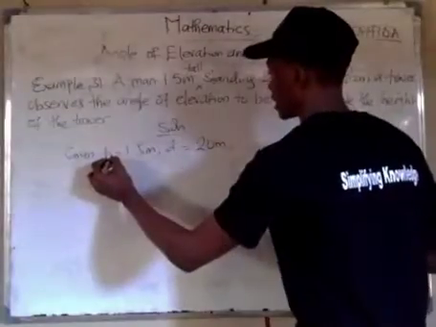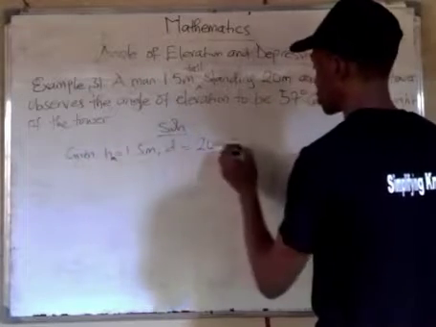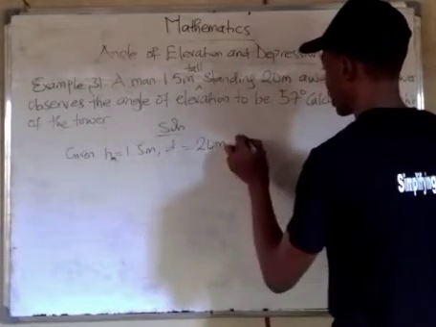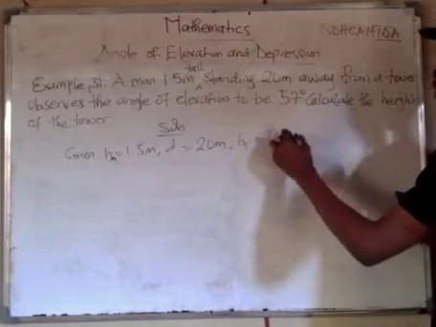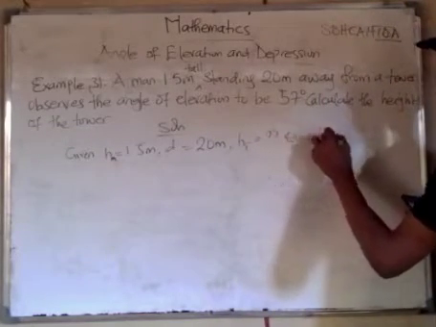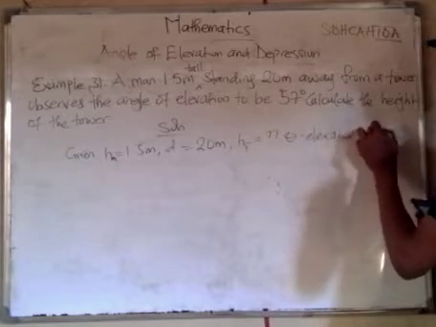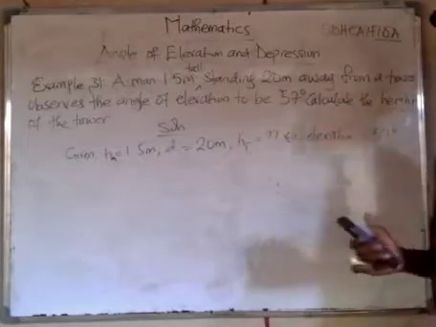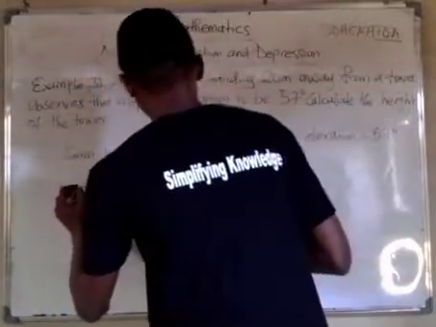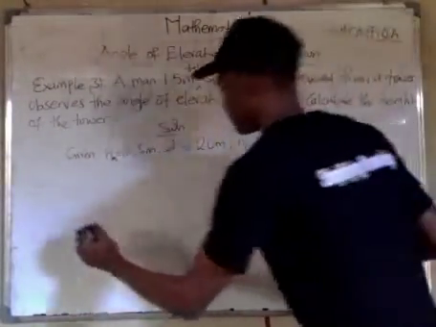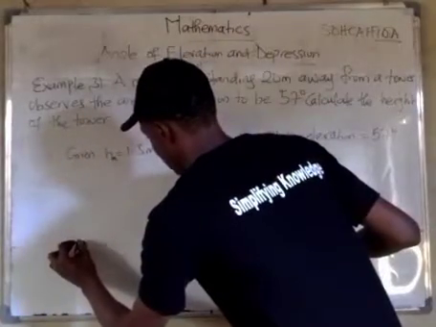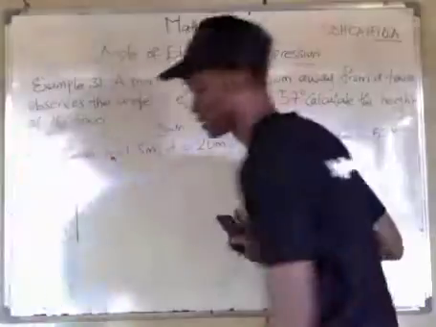Let's call the height of the man H subscript M, and the height of the tower H subscript T. They also gave us the angle of elevation to be what? 57 degrees. So let's make a small sketch. Let's assume that this is the height of the man, right?